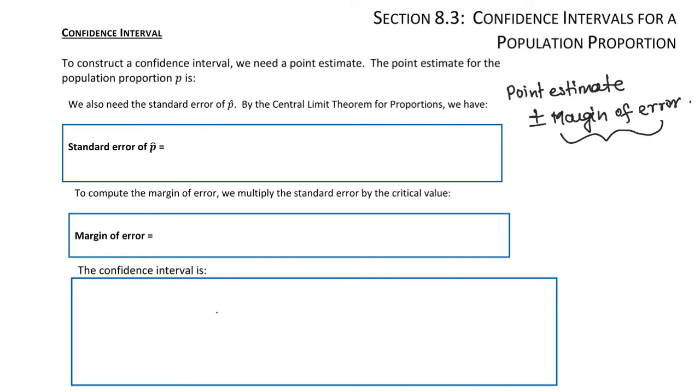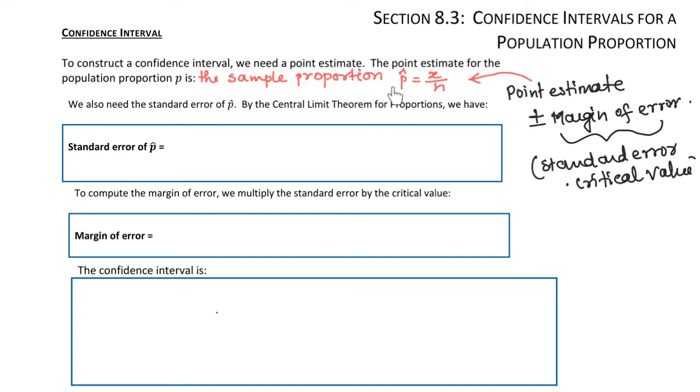And the margin of error is actually the standard error multiplied by the critical value. The point estimate we use for the population proportion P is the sample proportion, which is P hat equal to X over N. Now we need to find the standard error.